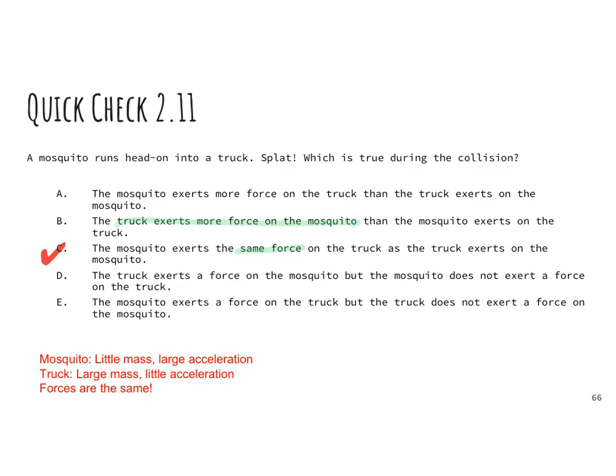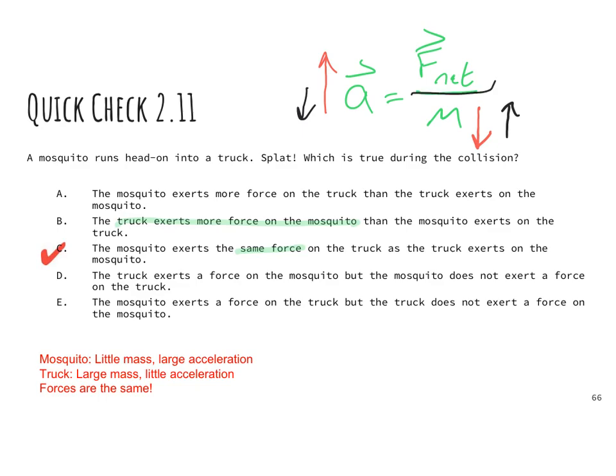Going back to my concept that acceleration is F net divided by the mass, the mosquito has a really small mass and therefore a really large acceleration. The truck has a really large mass and therefore a really small acceleration. And that's why we can justify that the net force is, in fact, the same.